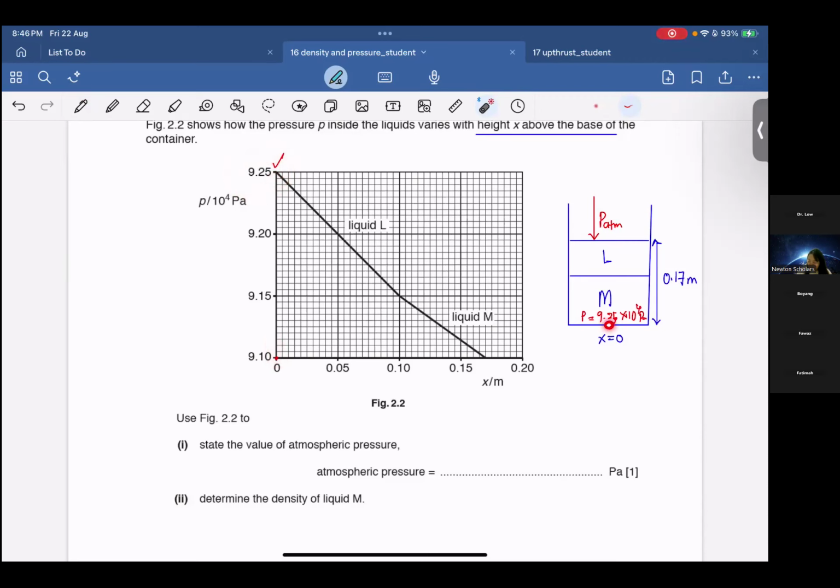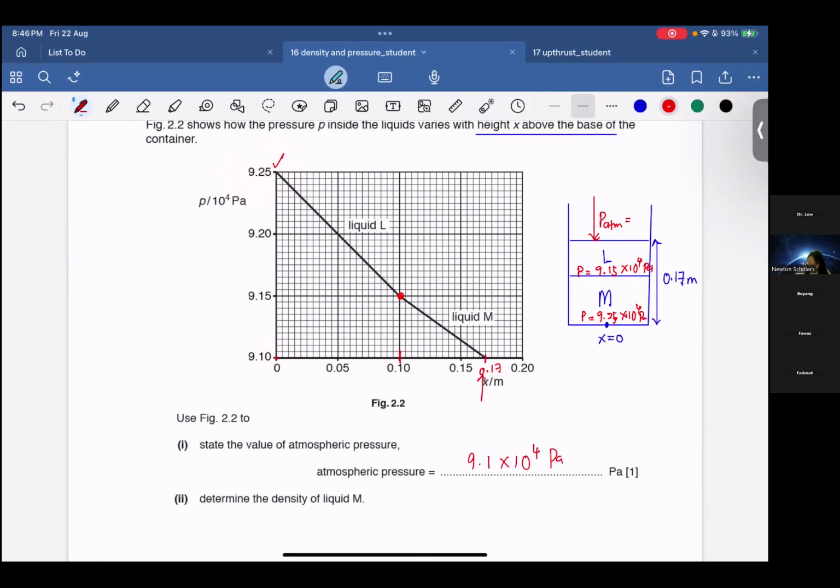Then this is the point. Then after that, point at L, this part, this point is 9.15 times 10 power of 4 Pascal. How about the atmospheric pressure? Actually is here. So answer should be 9.1 times 10 power of 4 Pascal.